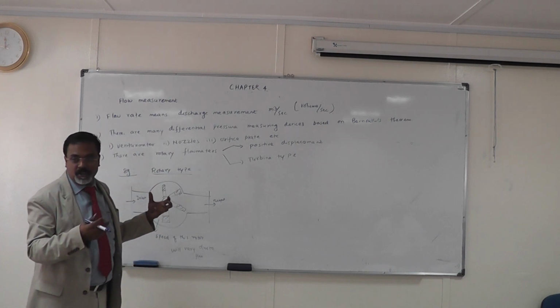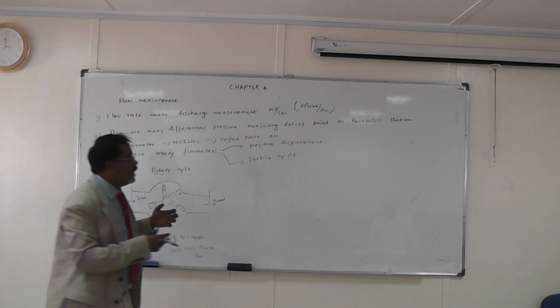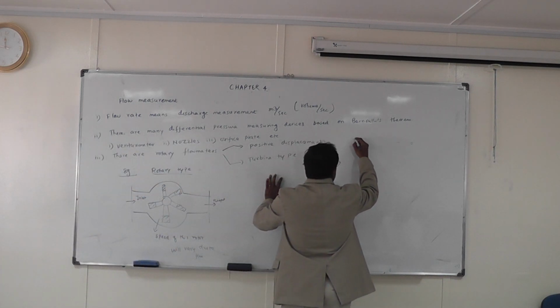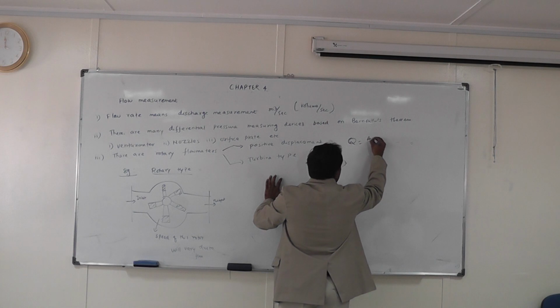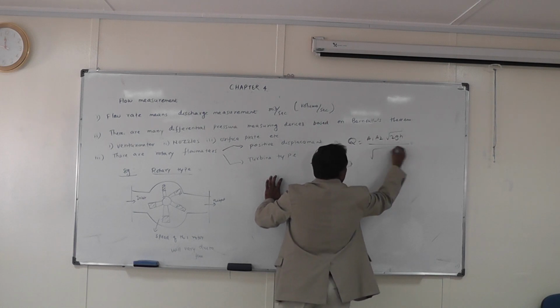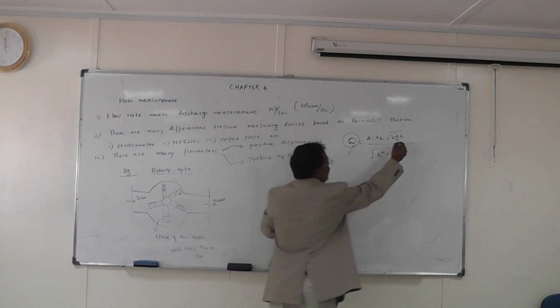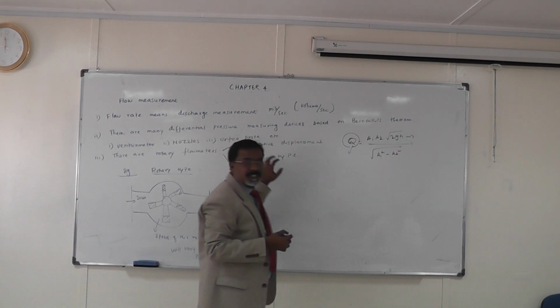The differential pressure you are going to measure, and then after that the discharge Q equals a formula: Q equal to A1 A2 into root of 2gH divided by root of A1 square minus A2 square. Based on this you can find out the discharge. This H is the differential pressure you are going to measure using this.